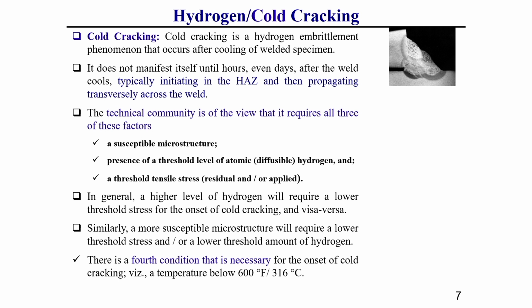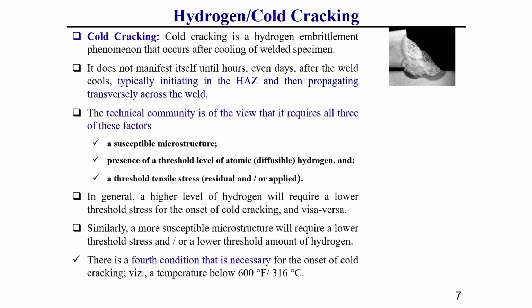That means, the welding is done. After welding, if you keep the welded specimen for some hours, even some days, you will observe that some cracking occurs. That cracking generally starts from the heat affected zone and propagates transverse to the welding direction.